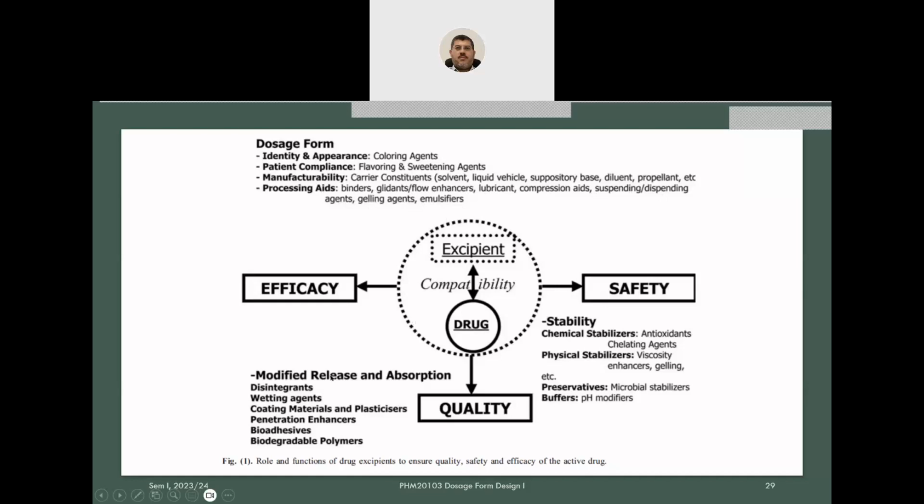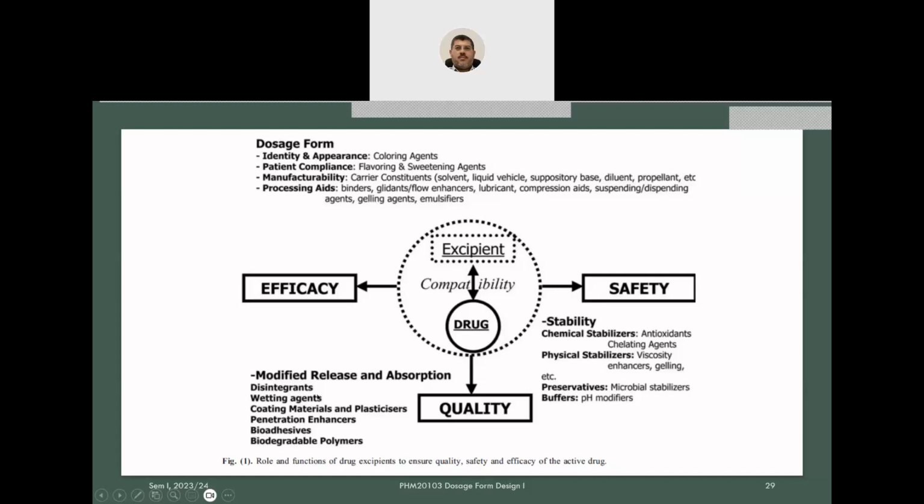Okay? In modified release dosage forms, we are using some materials, some polymers, coating materials for sustained release. They are important to ensure the performance of the product and to have the same quality.